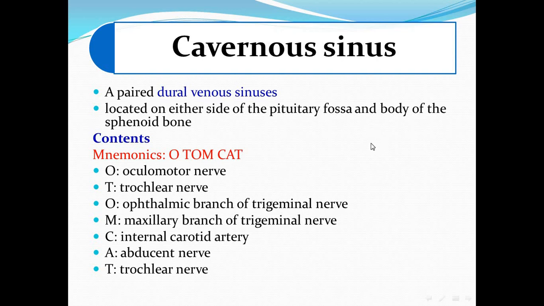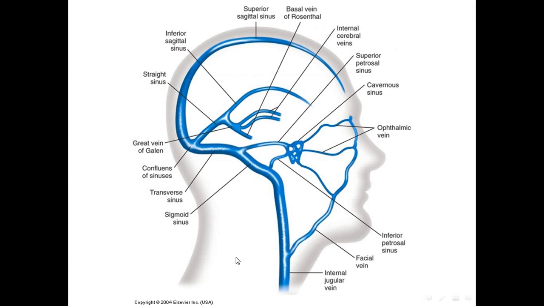The structures within the cavernous sinus include some nerves and the internal carotid artery. This mnemonic here may be useful to remember the structures. It has the oculomotor nerve, the trochlear nerve, the ophthalmic branch of the trigeminal nerve, the maxillary branch of the trigeminal nerve, and the abducent nerve.